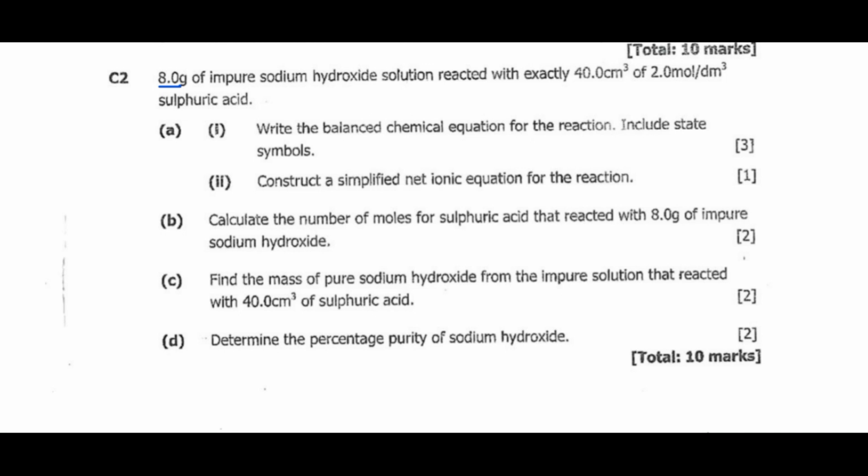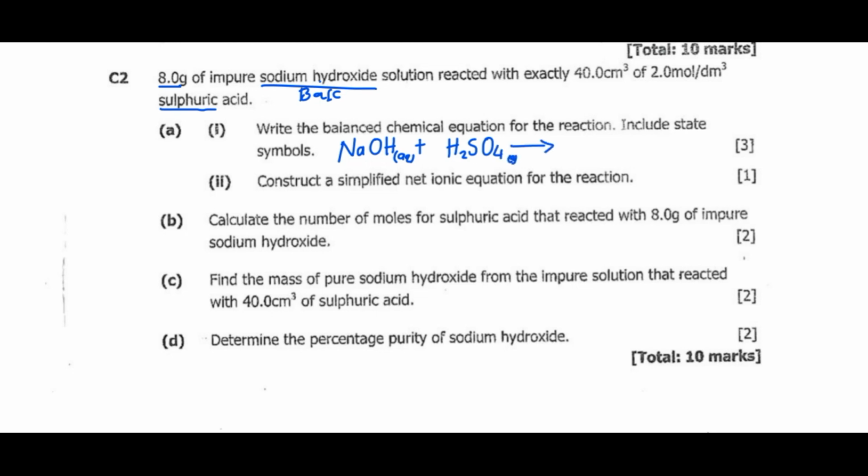So sodium hydroxide is a base. Then we have this acid here. So we are looking at the reaction between a strong base and a strong acid. So this will give us a neutralization reaction. The chemical formula for sodium hydroxide is this one, aqueous, plus sulfuric acid is this one, also aqueous.